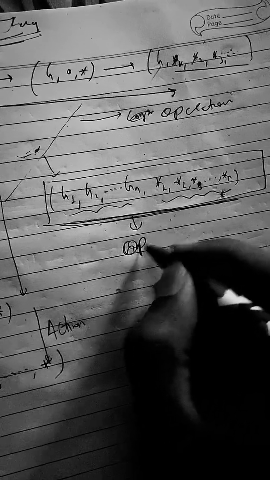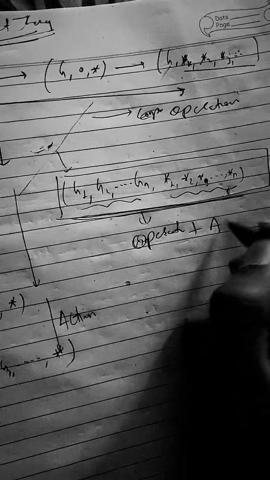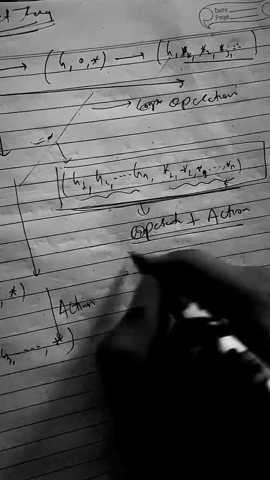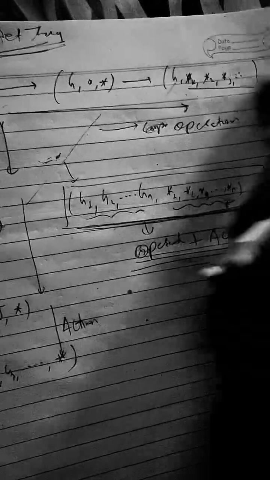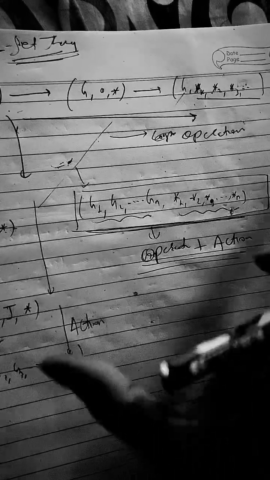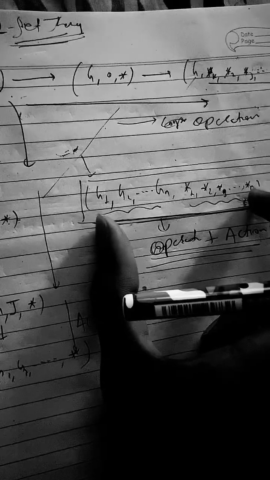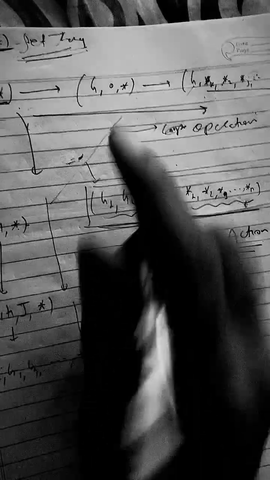We can combine operation plus action together, right? So this is a different idea. Here is operation going on, here is action going on, and we combine them and we get operation plus action. But all of them are coming from set theory, and we will talk about this kind of structure, right? So now we will stop here.